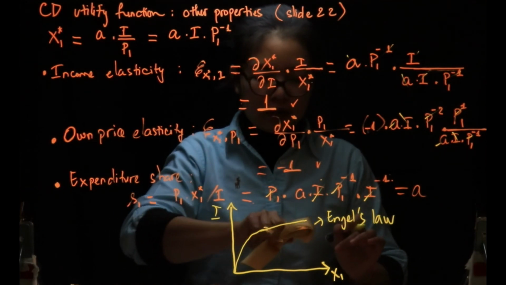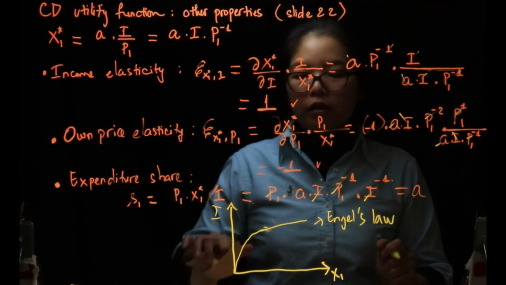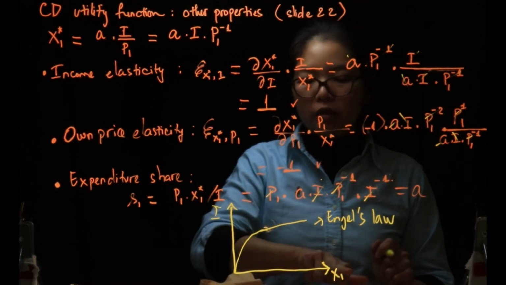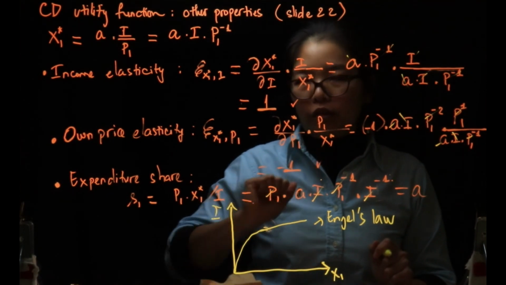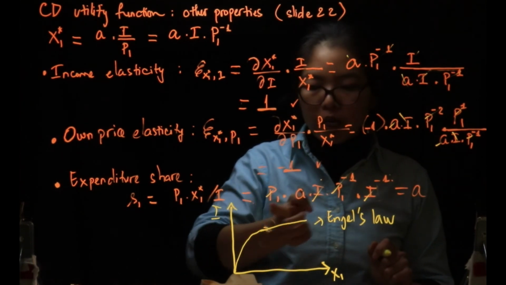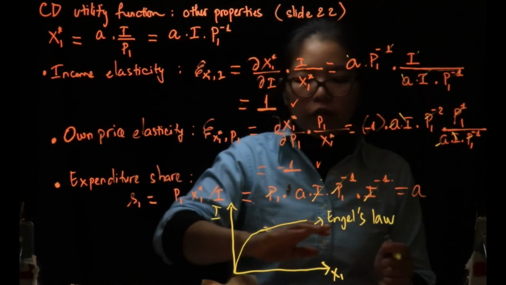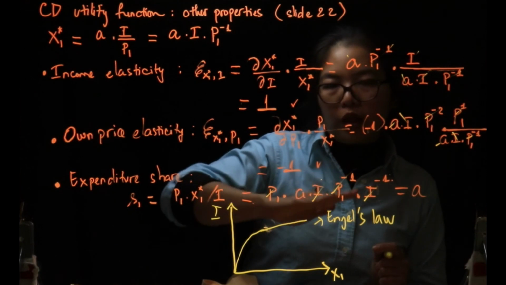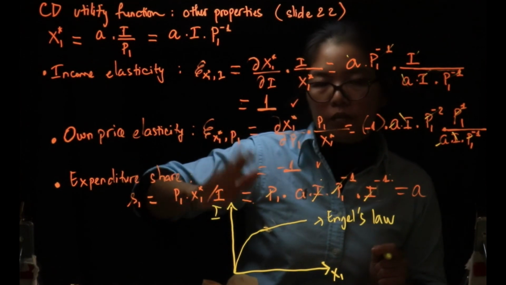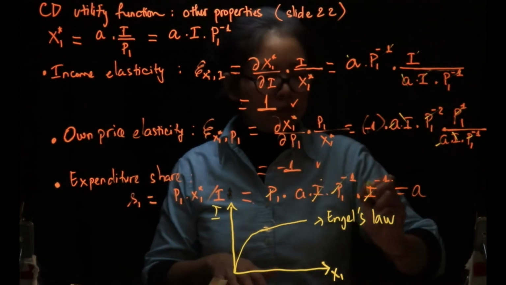What is the Engel curve? Actually, the Engel curve is the curve which shows different levels of consumption of the good, here X1, with different levels of income. So that curve for food normally should be concave, right? Because your consumption increases with income, but it increases much lower than the speed of income increase. That's why the share decreases when income increases.